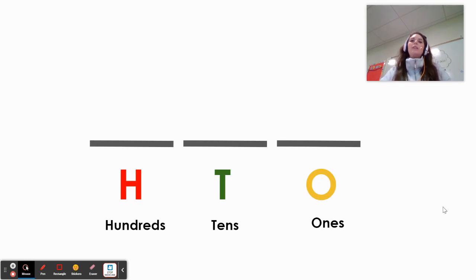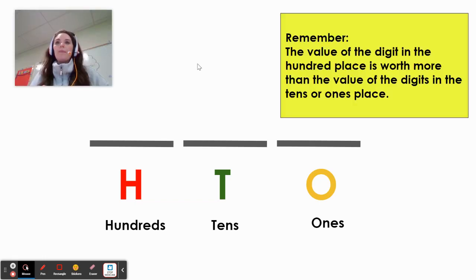So let's talk about place value. You can see here I have a spot underlined for each place value, hundreds, tens, and ones. When we practice this on our whiteboards in small groups, I might refer to them as HTO, hundreds, tens, and ones. Remember that the value of the digit in the hundreds place is worth more than the value of the digits in the tens or the ones place.